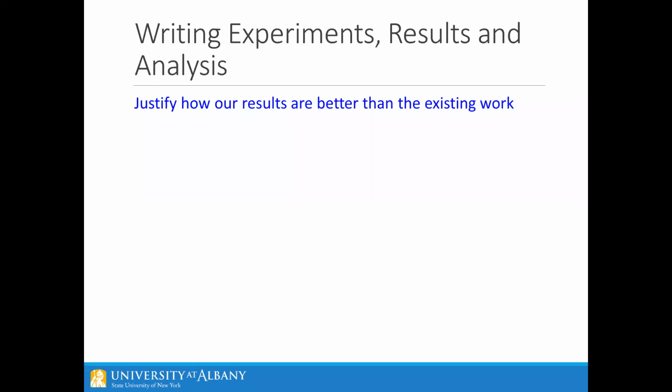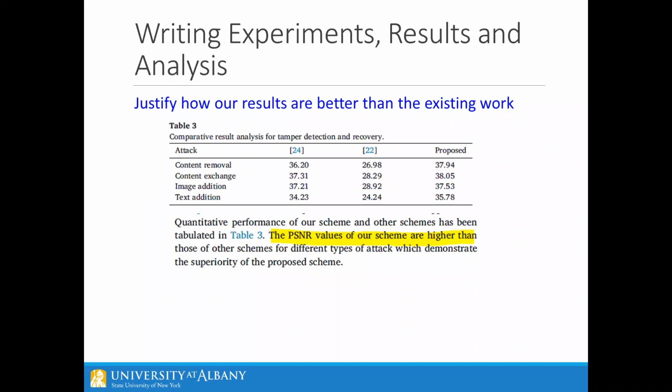Then if you talk about novelty, it is important to show in experiments how your results are better than the existing work. Okay, and therefore some sort of comparison is also good to have. Let's say in existing work 24, 22, for this particular aspect, we got this data.